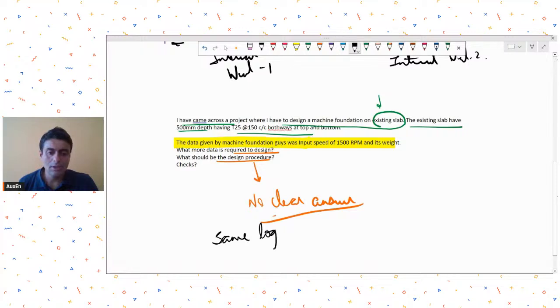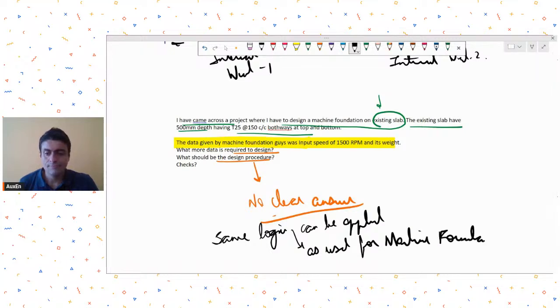So in absence of any clear cut codal provision or any codal reference, we could apply the same logic that has been given to us in machine foundations.